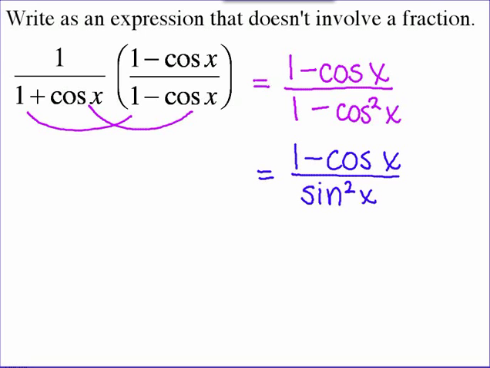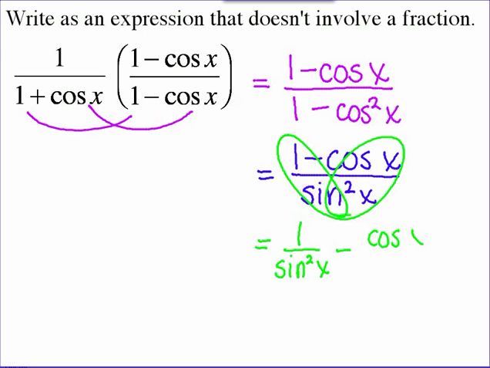So now what I need to do is simplify that. So, ideas on how I can simplify that? Okay, so this simplifies as being 1 over sine squared x minus cosine x over sine squared x.